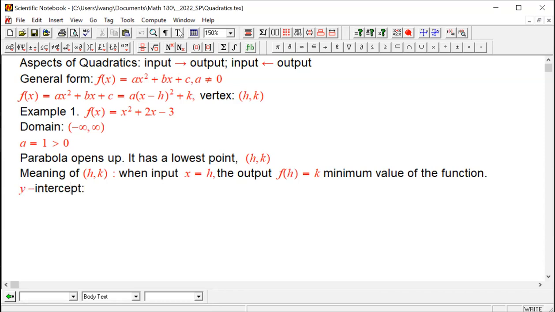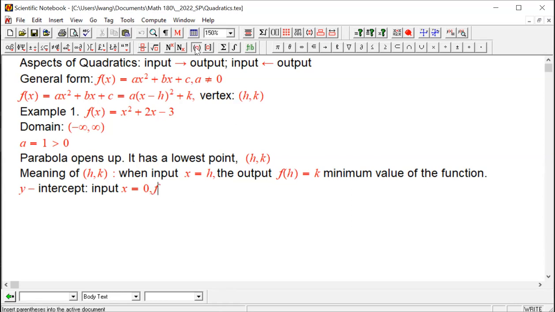Okay, what is the y-intercept? The y-intercept is when the input x is given as 0, that value of y.